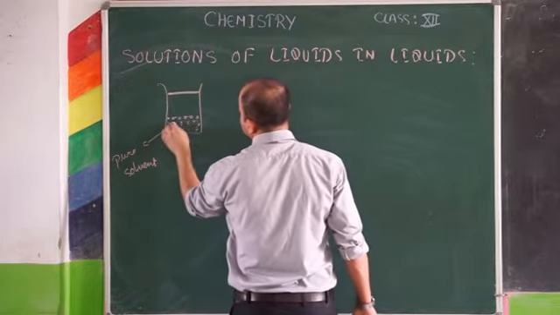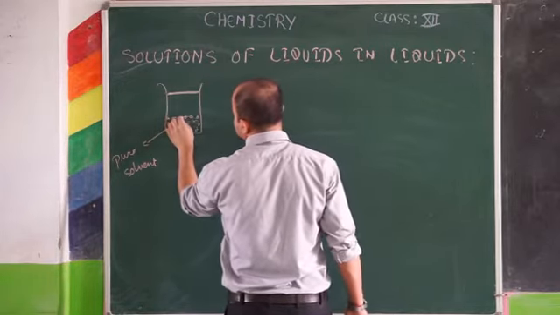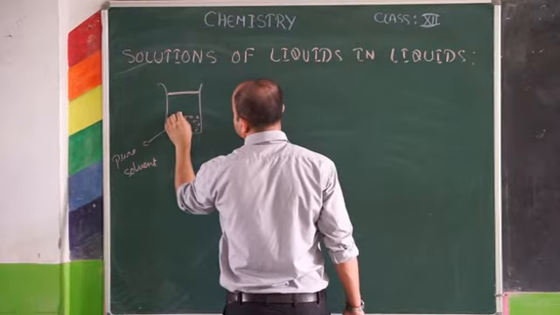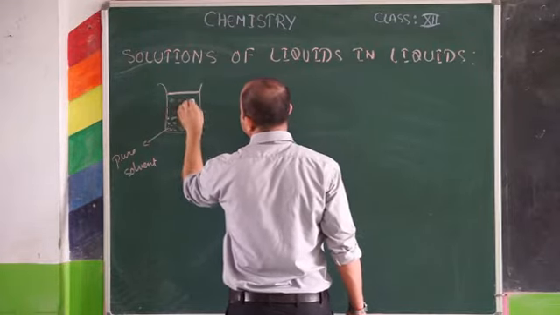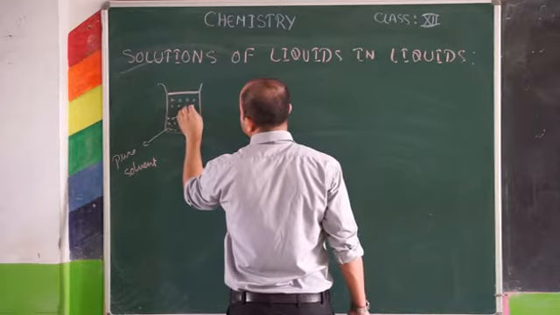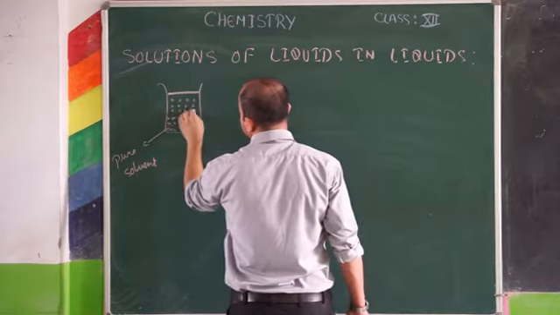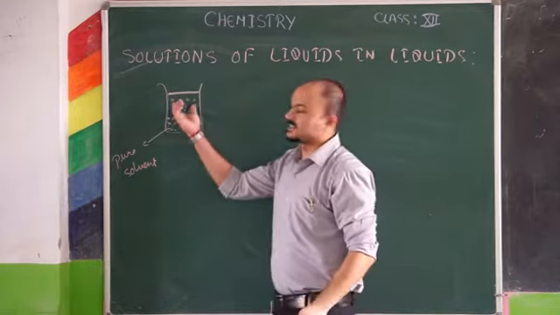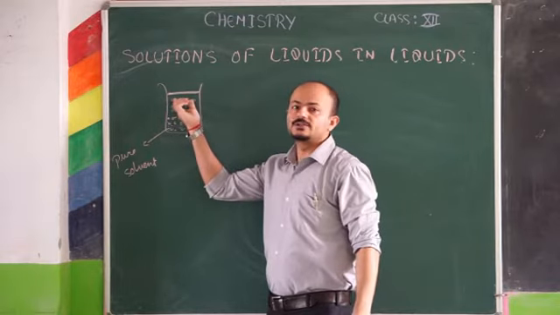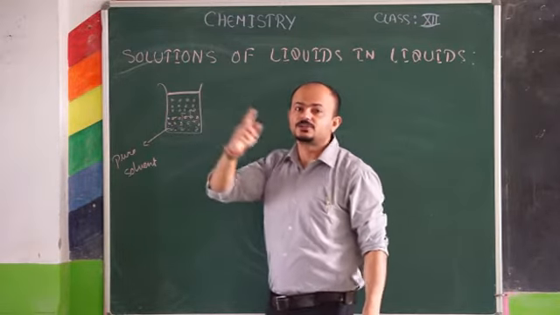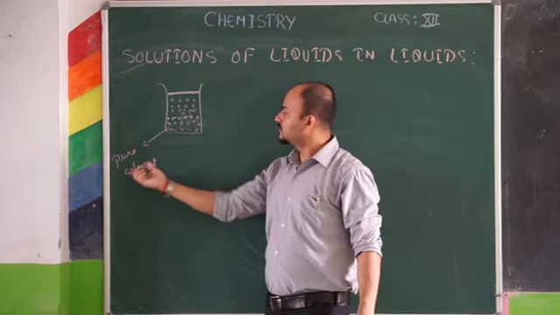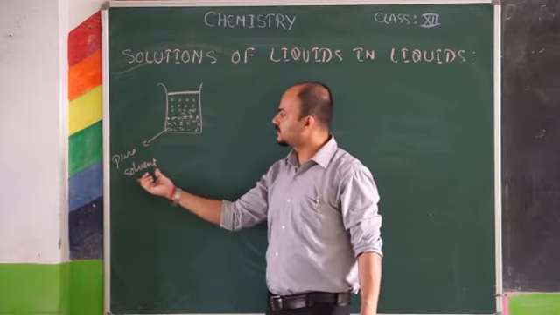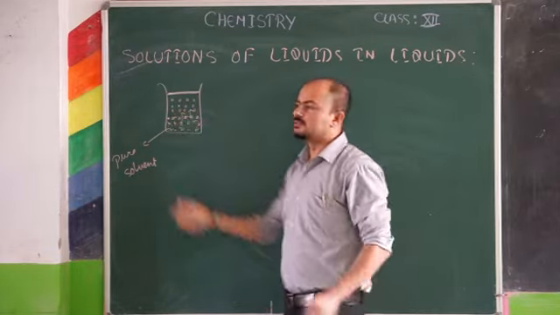Whenever some of them get converted into the vapor phase, they go into the gaseous phase. The pressure exerted by these molecules in the vapor phase at equilibrium is known as what? Vapor pressure. Since only pure solvent is present, its vapor pressure will be high.